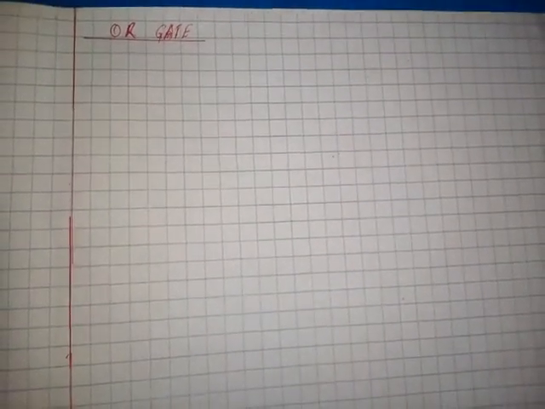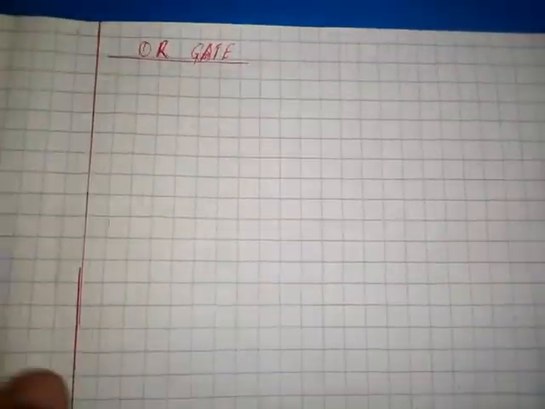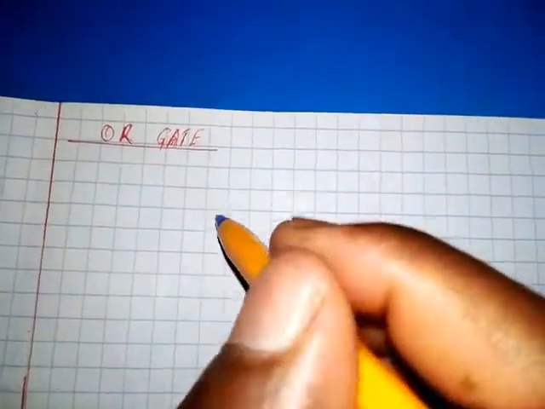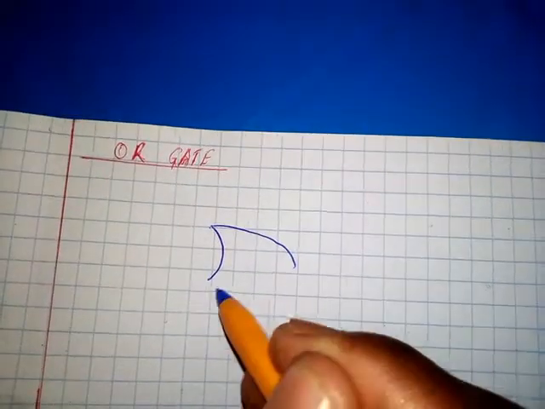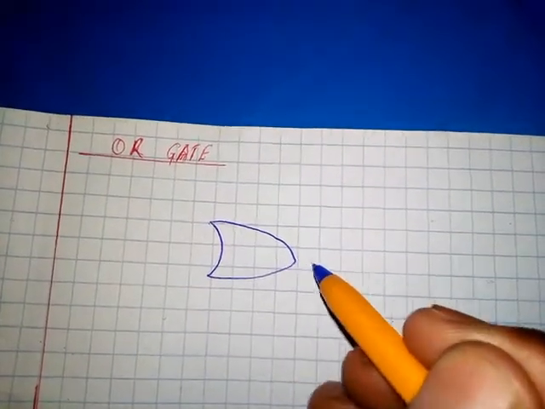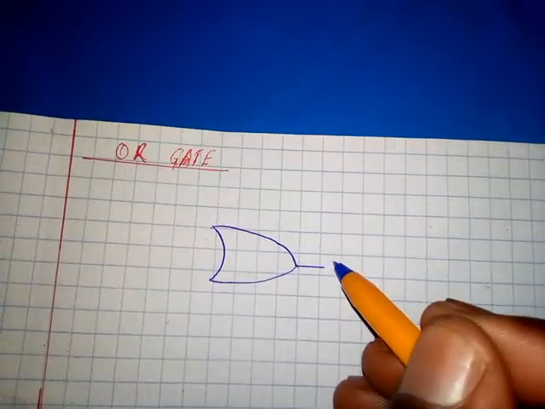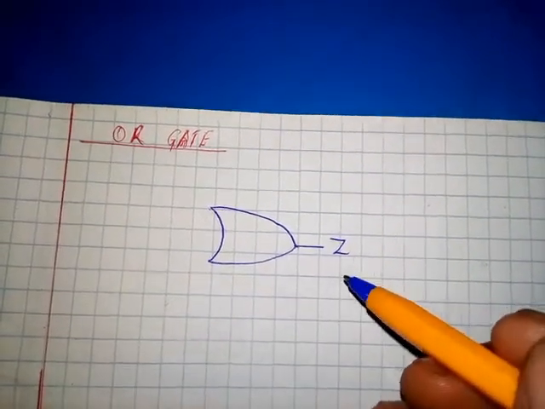It has a plus, and this plus is used to show the OR operation. An OR gate looks like this. Z is the output.